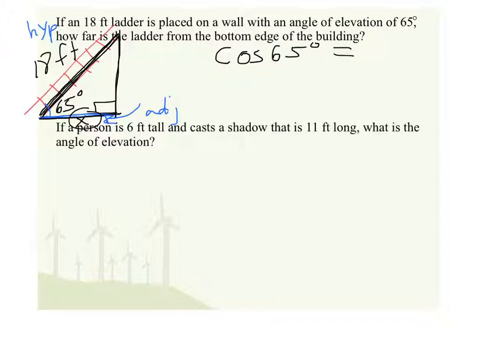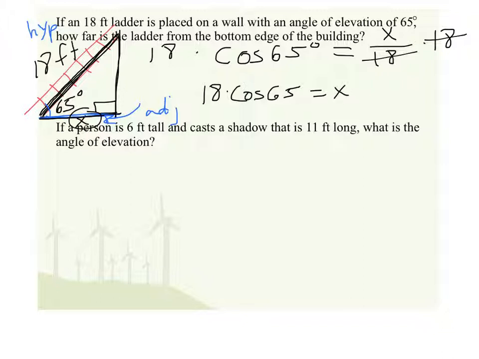So I could say as an equation that the cosine value of 65 degrees equals my unknown side over 18. It'll take one step here to solve for x, which again is the distance between the ladder and the base of the wall.